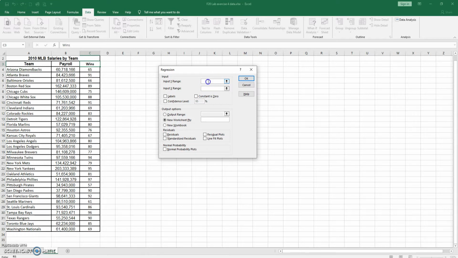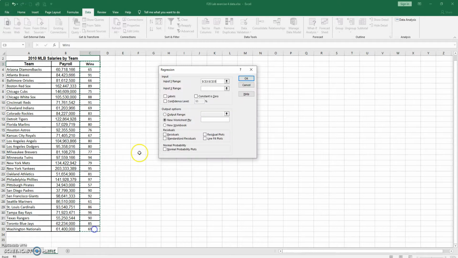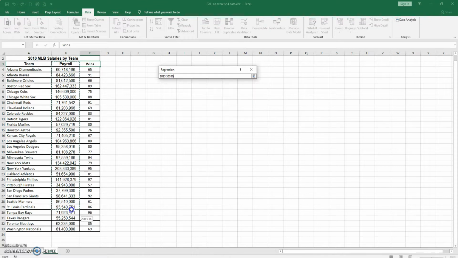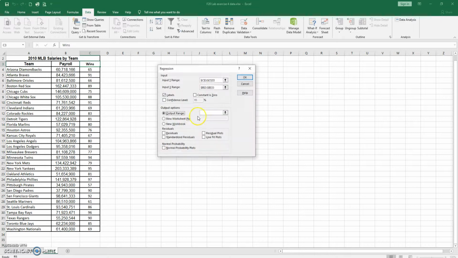The input y variable is our dependent variable, wins, and we have one independent variable, which in this case is payroll as our x value. Include the labels, as we've done here, which makes it easier to read some of the Excel output. And let's send this to the same sheet, so let's just pick a cell here, and there it is.